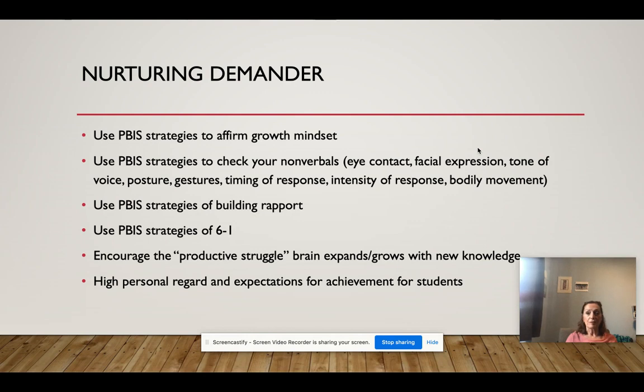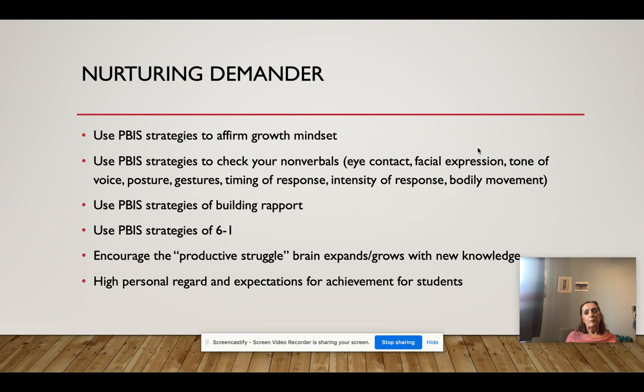You're going to believe that neuroplasticity is real and happens, that kids' brains grow and they have the capacity to take on new learning, that learning is hard, but you're going to be their ally and remind them how far they've come and where they can go. And it's hard because your brain is growing. When we take in new information, it hurts. It's a pain in the head sometimes.